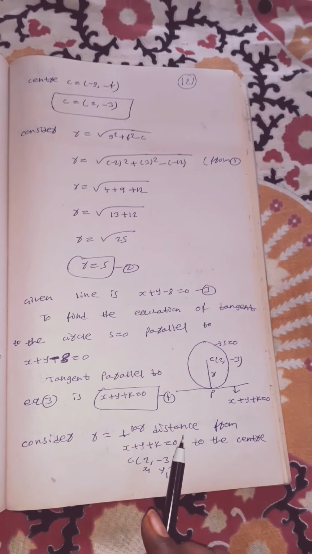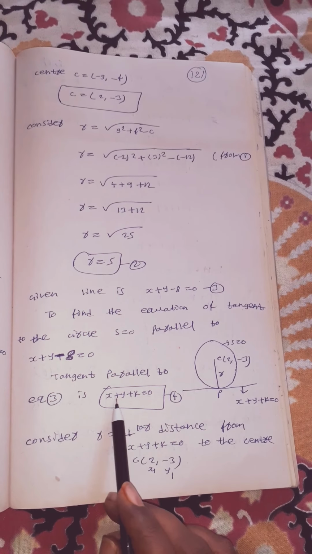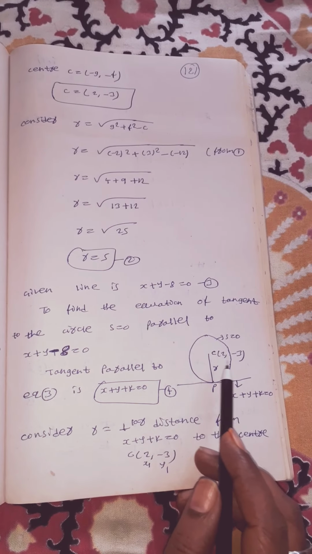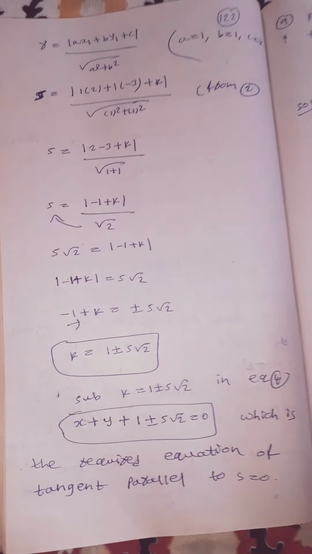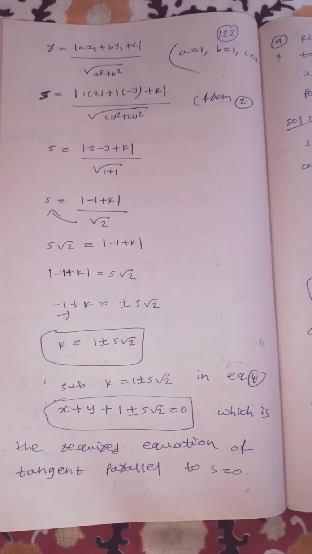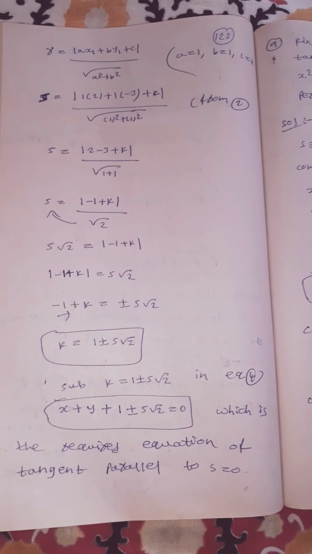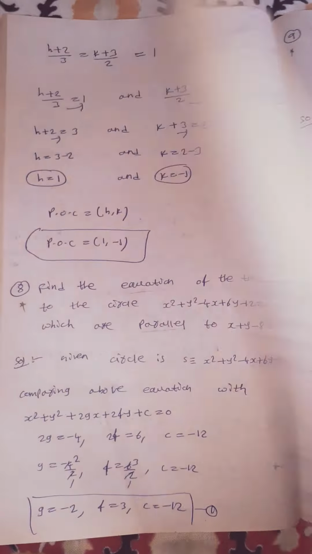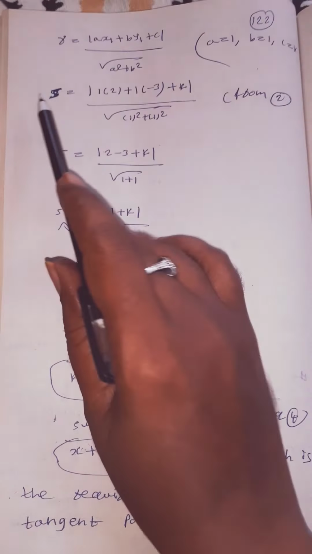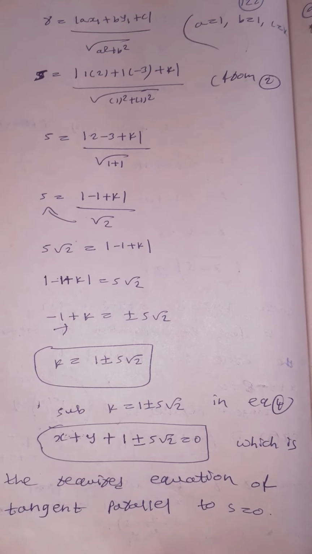So r equal to the perpendicular distance from the line to the center. The formula is the same: modulus of ax1 plus by1 plus c by under root a square plus b square. So a value 1, b value 1, c value is k. The radius we got is 5.